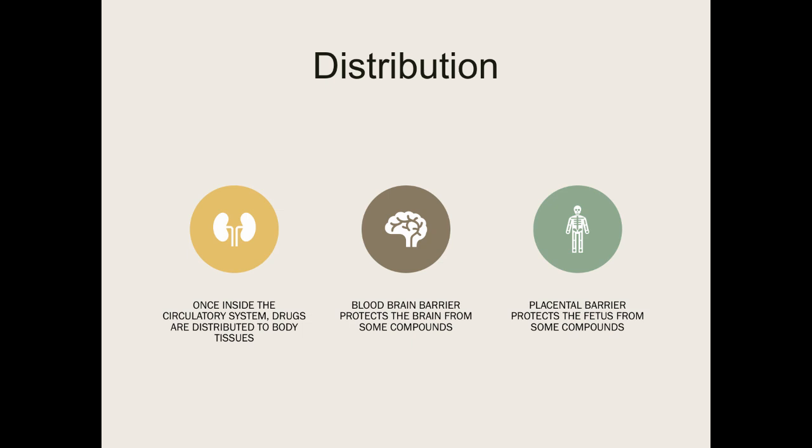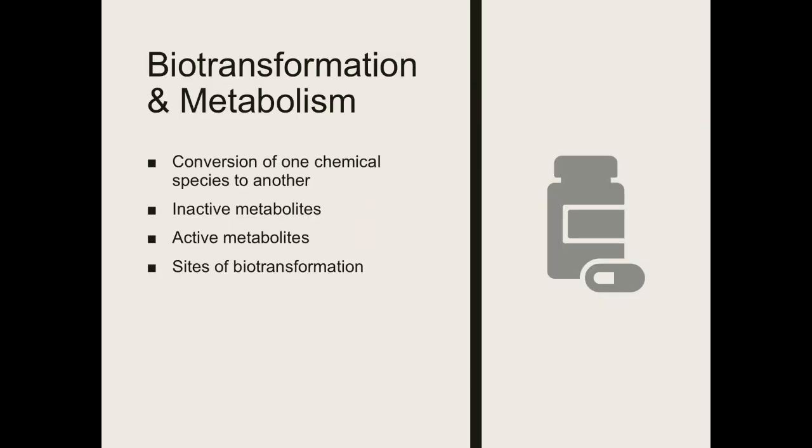So distribution, I've absorbed this drug, now it's being distributed to whatever site of action. Then after it's been distributed, it's at the site of action, it's doing its thing, it's going to biotransform and metabolize. So we are converting from one chemical compound to another. We're going to have some inactive metabolites, we're going to have some active metabolites.